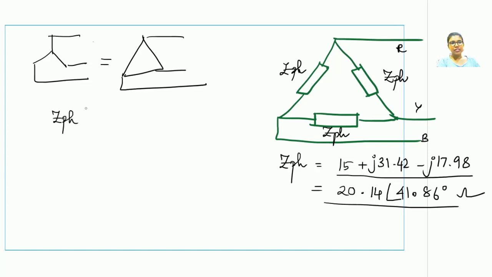One is Z phase and another one is the line voltage. Why this would remain same? Because this comes directly from the supply. So whether it is a star connected load or a delta connected load, the line voltage remains the same. But yes, the phase voltage might differ according to the expressions that we have obtained.